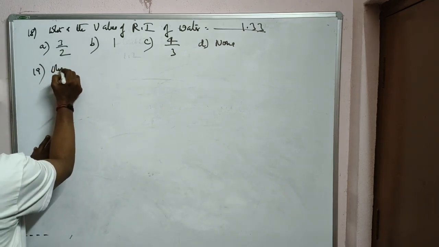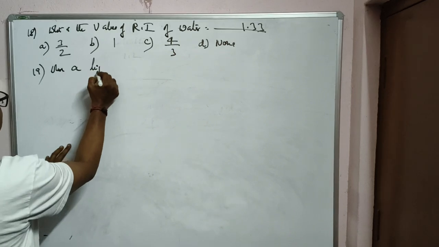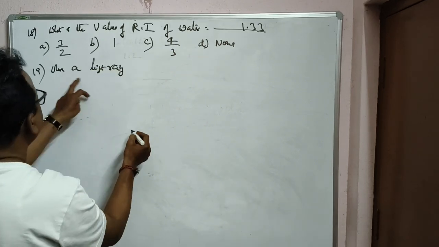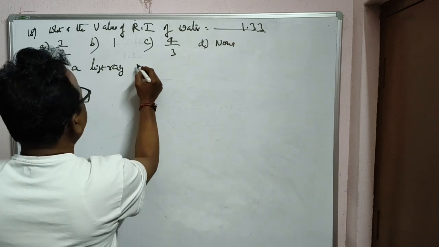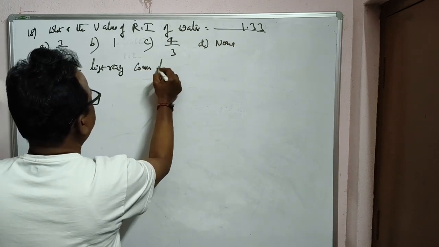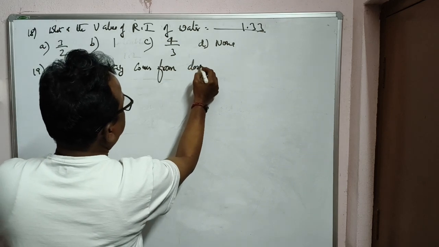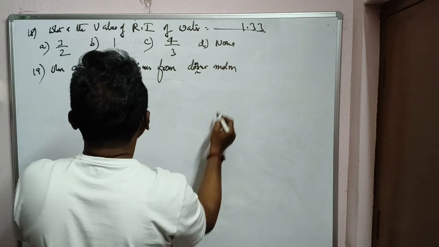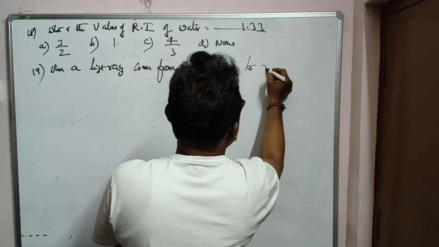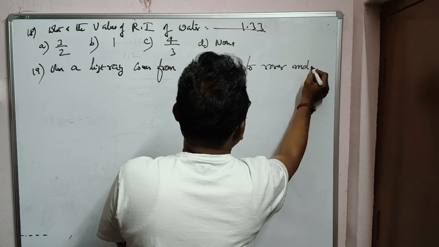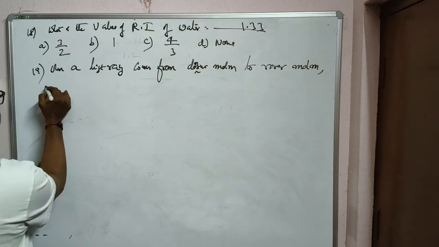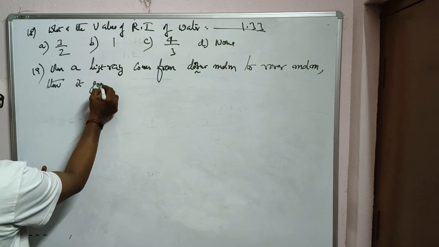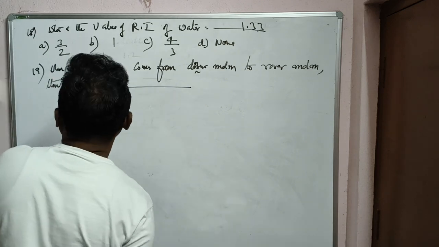Nineteenth one. When a light ray comes from a denser medium to a rarer medium, then it goes dash.